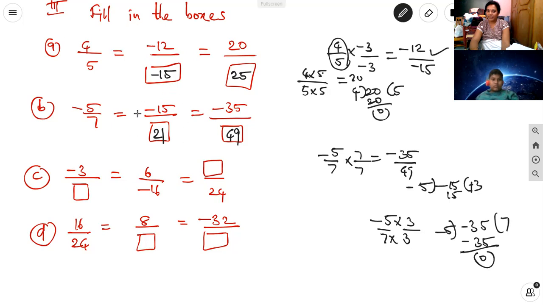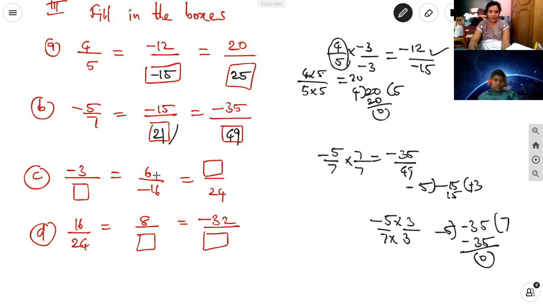So the standard form of minus 15 by 21 is minus 5 by 7 only. Minus 35 by 49 standard form is also minus 5 by 7 only. Okay, is it clear? Yes.